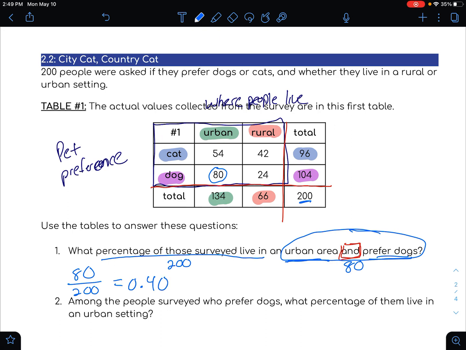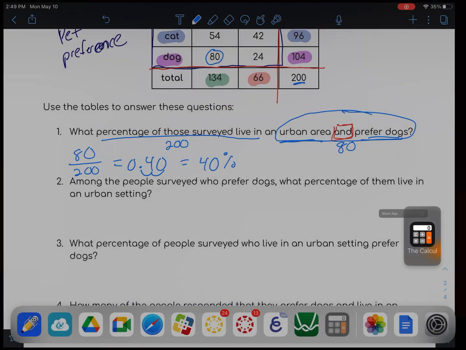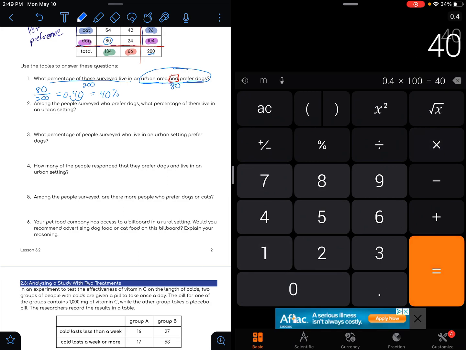So really this is 0.40. If we move the decimal point over 2 spots, we know that that is 40%. And on the calculator, we multiply that number by 100 to get it out of 100, so that would be 40%.